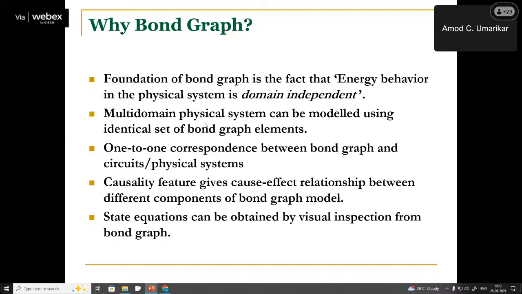And therefore, if we use the same set of elements to model this domain independent energy behavior, you can use the same set of elements for a multi-domain system. Are you getting my point?